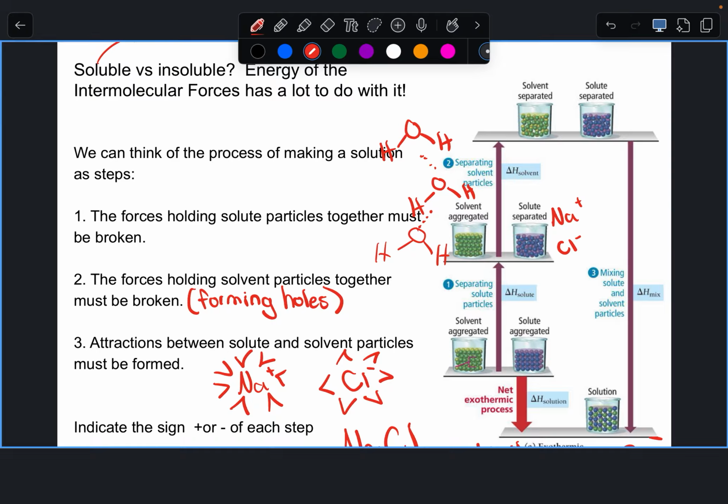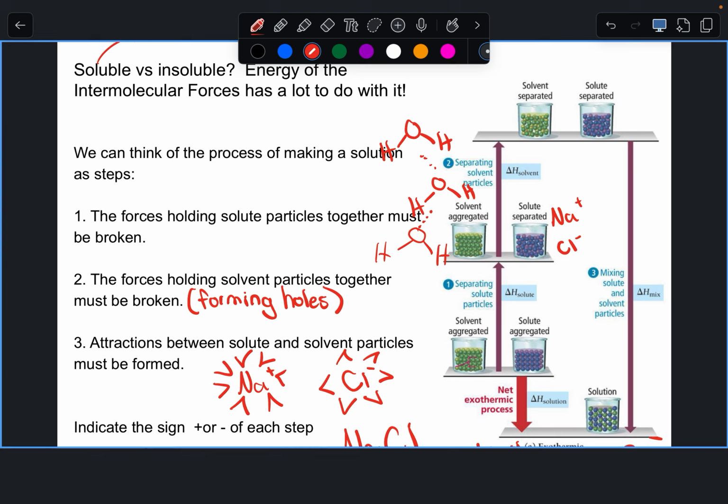Those interactions between the water molecule and the ion would be ion-dipole interactions. And because that's now two things that are attracted to each other coming together, that's going to release energy. It takes energy to break apart things that are attracted to each other.